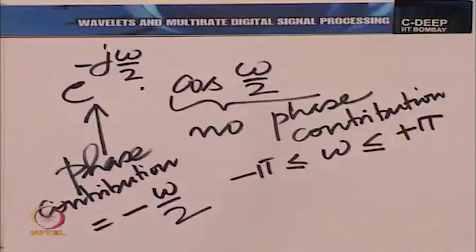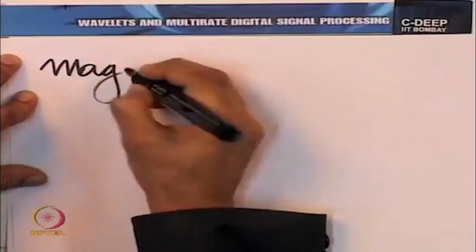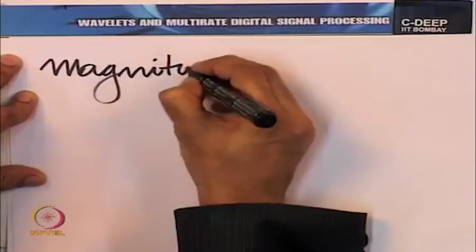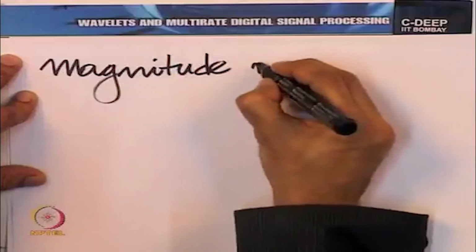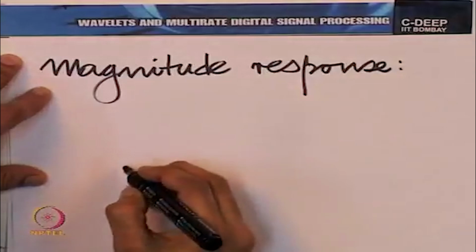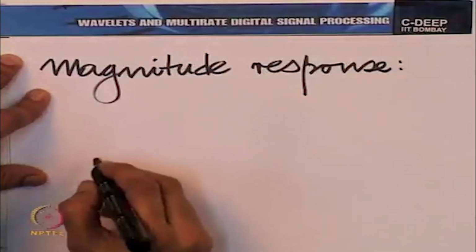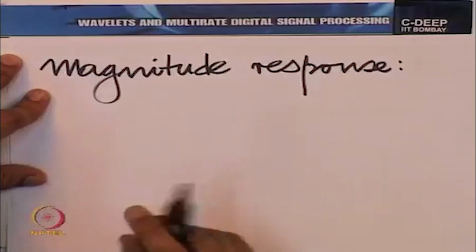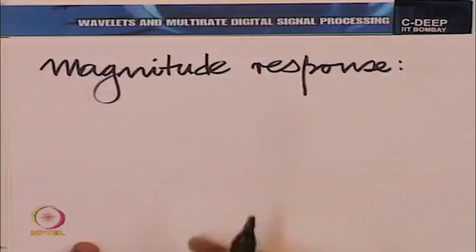So, now we can sketch the phase and magnitude contributions very clearly. Let us sketch the magnitude response. Again, this is a real filter, a filter with a real impulse response. When an impulse response is real, the frequency response is conjugate symmetric.